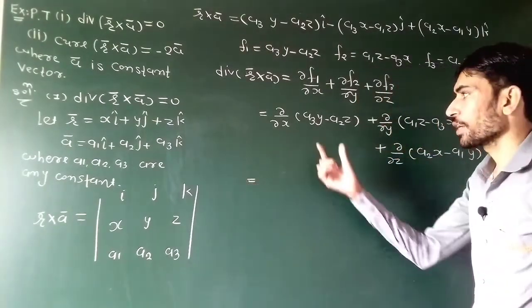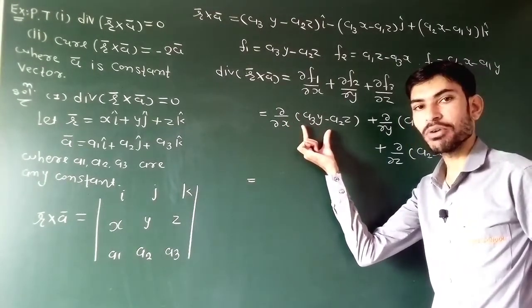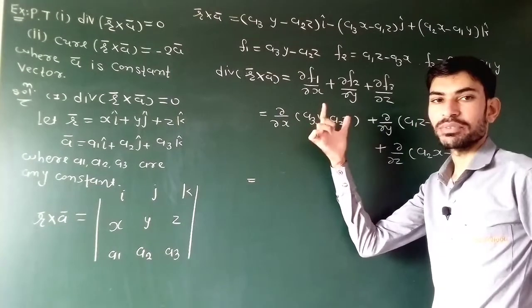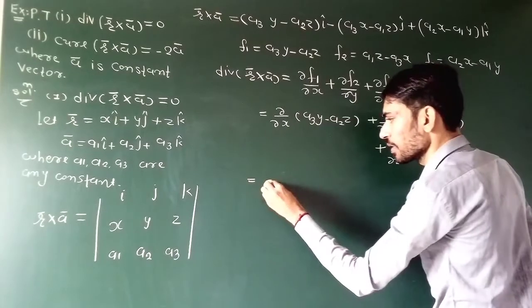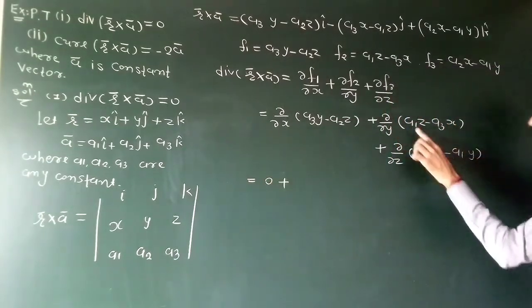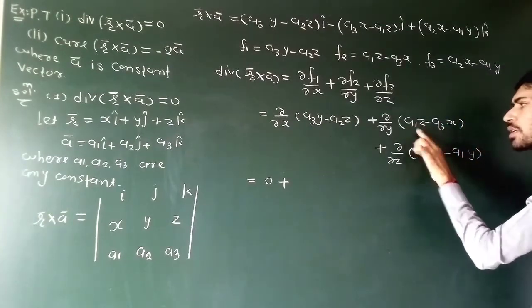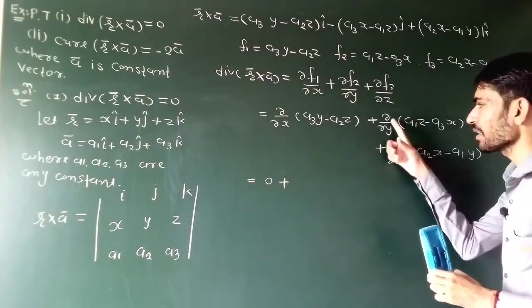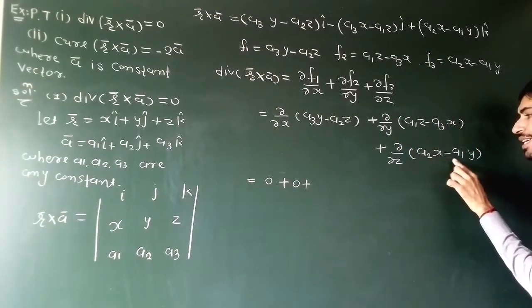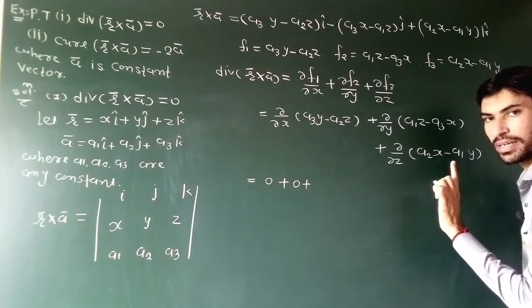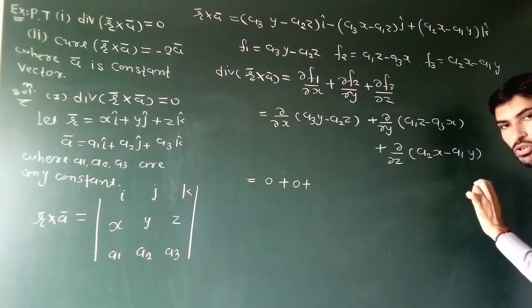Now we take the partial derivative of a3y minus a2z with respect to x. So friends, how will the whole term be treated? It will be treated as a constant, because this term has no x term. That means the partial derivative of a3y minus a2z with respect to x is 0. Similarly, a1z minus a3x does not contain y, so it is constant with respect to y, and again we get 0. And the last term, a2x minus a1y, has no z term and we take the partial derivative with respect to z, so the whole term is constant.